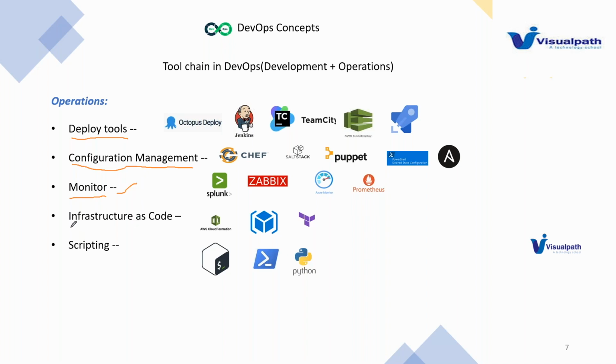For infrastructure as code, the infra build team or any build team will create the infrastructure, like creating the virtual machines, for example if it is a web application in the cloud. They will deploy it using some infrastructure as code tools.